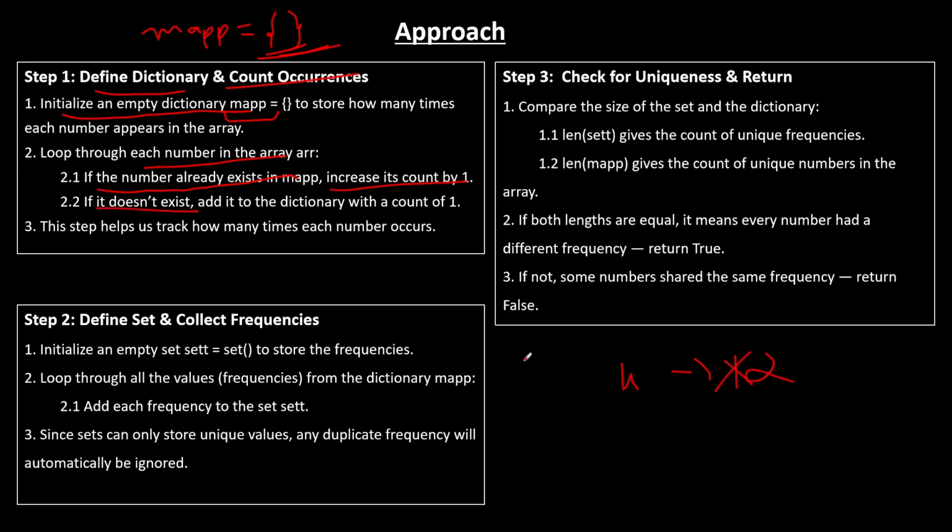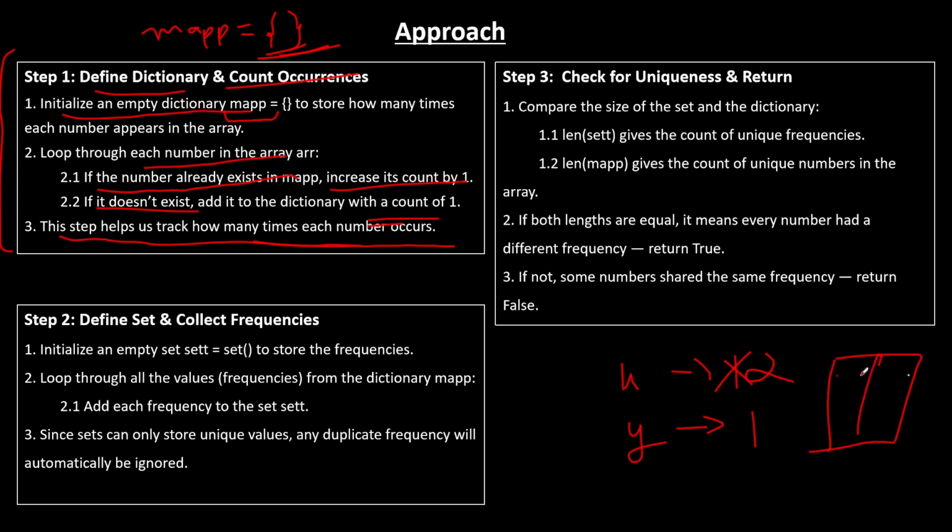If it does not exist, you just enter it with the count 1, because one time we got it. This helps us track how many times each number occurs. In the intuition, it was like how many times a particular color was encountered. So this will help in storing the count for each integer in the array.